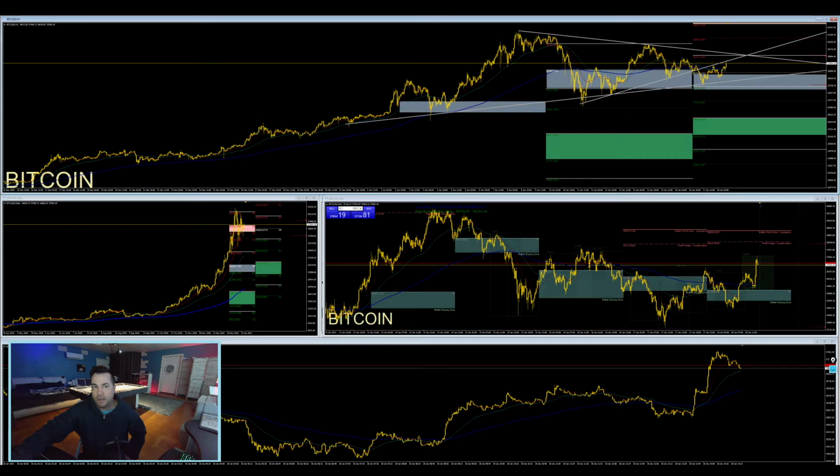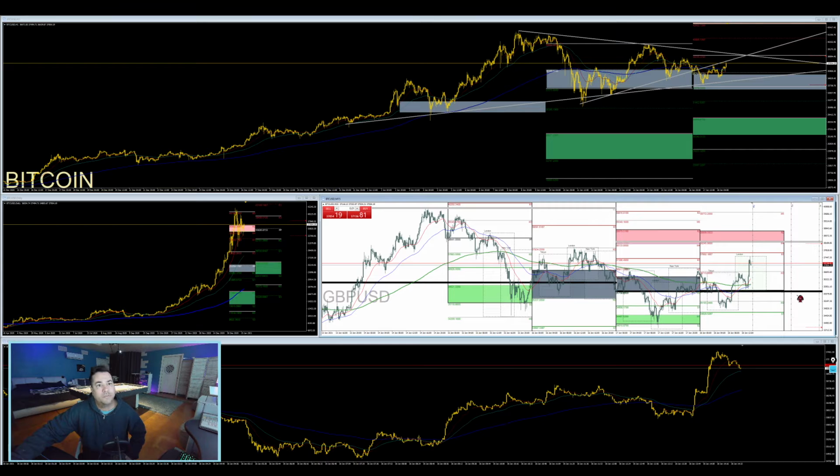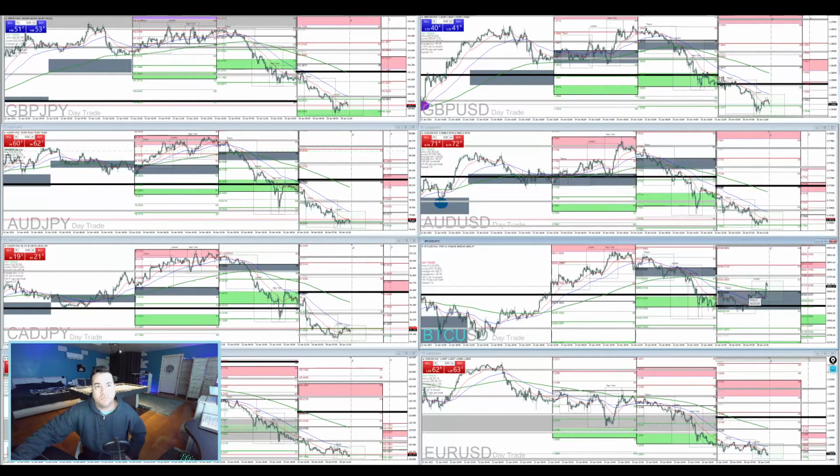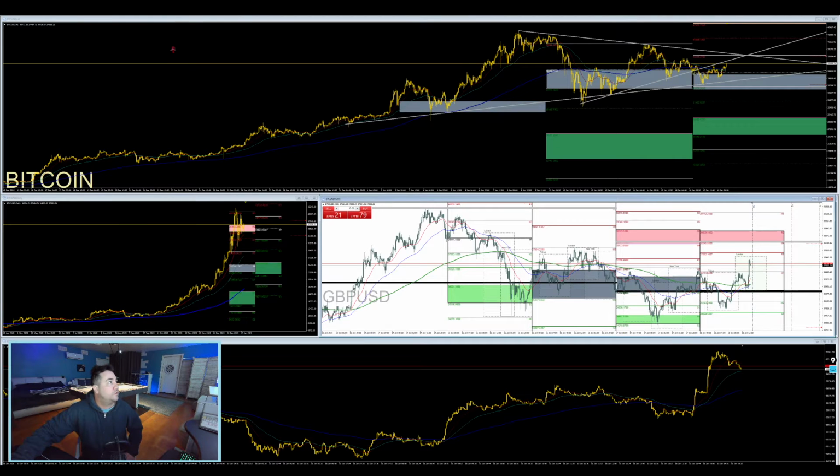Yeah, here we go. This is the correct one. I keep flipping it. I changed around all my tools, so it's kind of messing me up right now. Okay, here we go. This is my pivot for today. All right, so there we go.